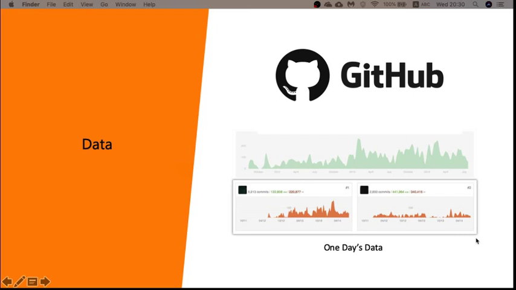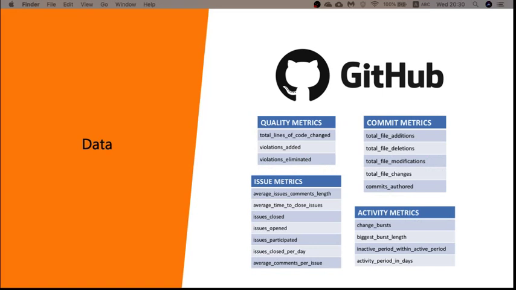So with the help of GitHub's API, we managed to collect some data points from open source projects, and that data consists of four main parameters: quality metrics, commit metrics, issues metrics, and activity metrics.